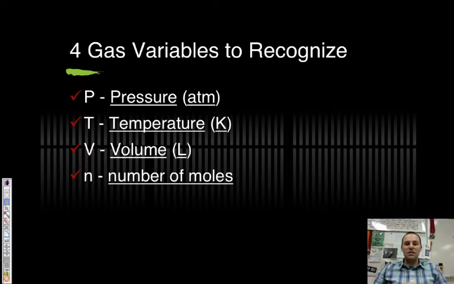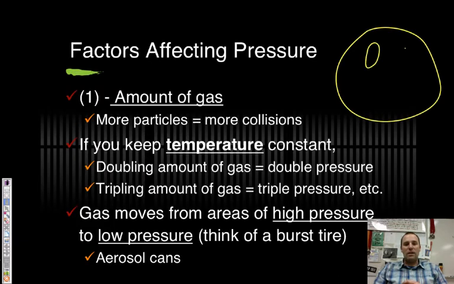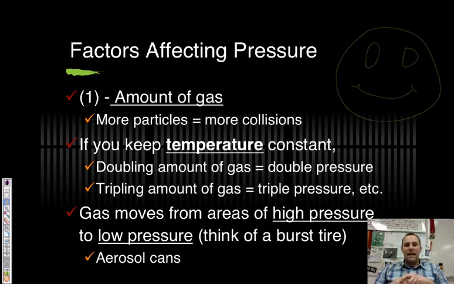Our standard units that I want you to always be thinking in or convert to, if they're not already, are atmospheres for pressure, Kelvin for temperature, liters for volume, and obviously number of moles has to be number of moles. So if you're given grams, you might have to convert that into moles, and we all are experts at doing that now.